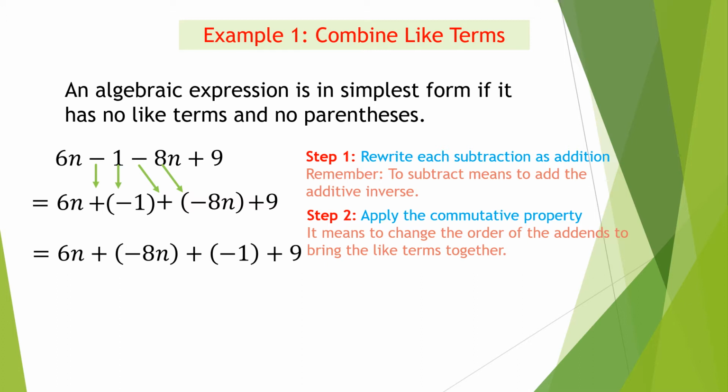We applied the commutative property and we grouped the like terms together. The like terms here are 6n and 8n because they have the same variable, while negative 1 and 9 are simply numbers. We call them constants. And we group the negative 1 and 9 together.